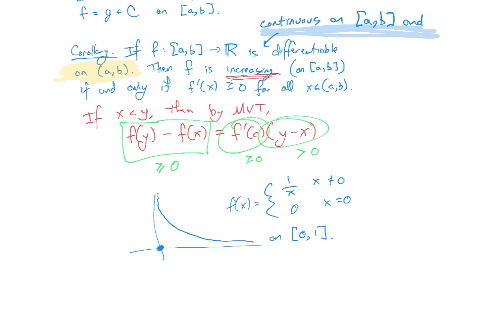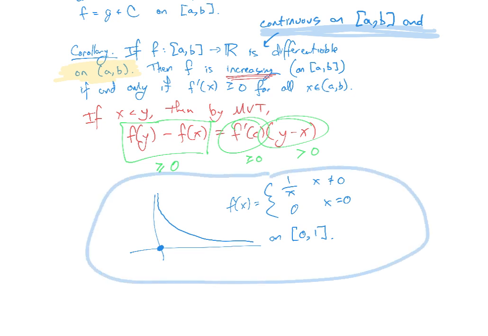To see a contradiction to how I first wrote it, just consider the function 1 over x when x isn't 0 and 0 at 0, and look at the decreasing version of the corollary. f isn't decreasing on the entire closed interval 0 to 1. But if you fix the statement of the corollary and insist that it be continuous on the closed interval, then this function is no longer a counterexample, because it is not continuous on the closed interval 0 to 1.